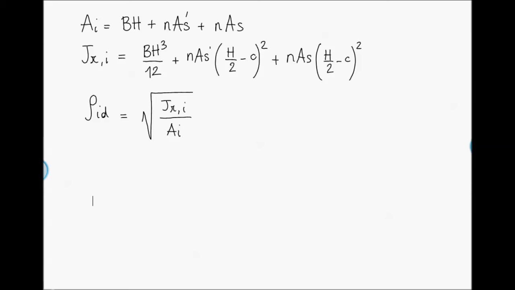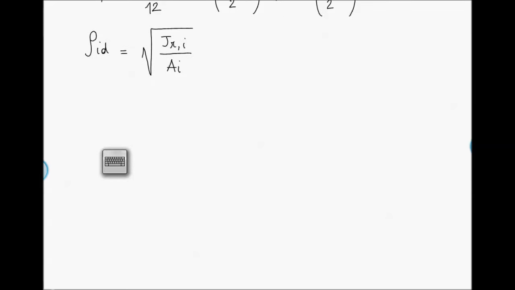Well, let's make now some observations. The first one: if we have unsymmetric reinforcements, the centroid of the resistant cross-section does not coincide with the centroid of the concrete cross-section.